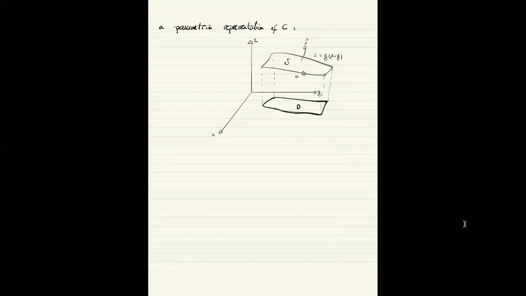And we suppose that our curve is some function x(t), y(t), g(x(t), y(t)). And this is C1.